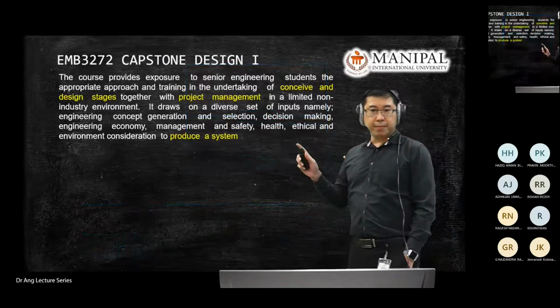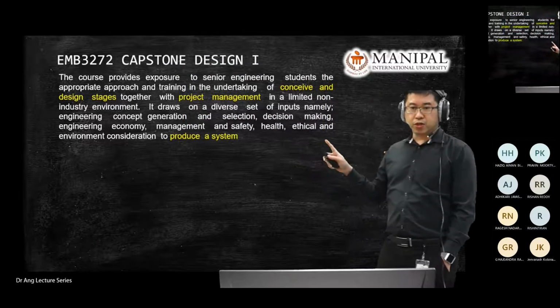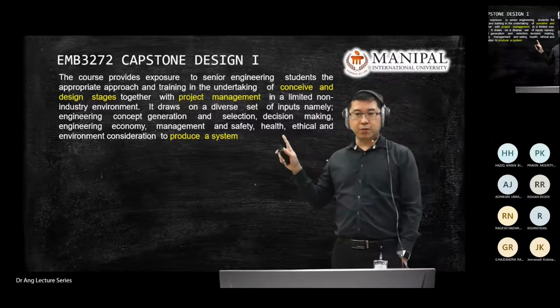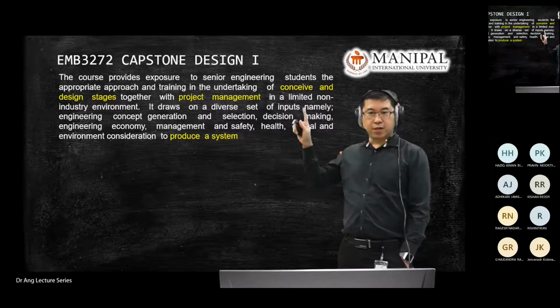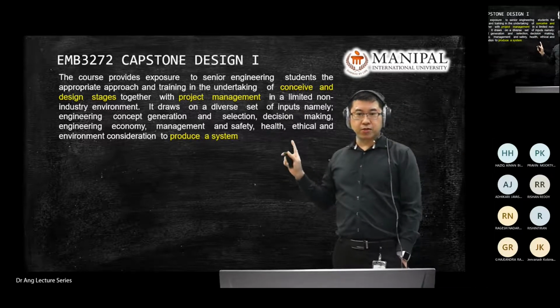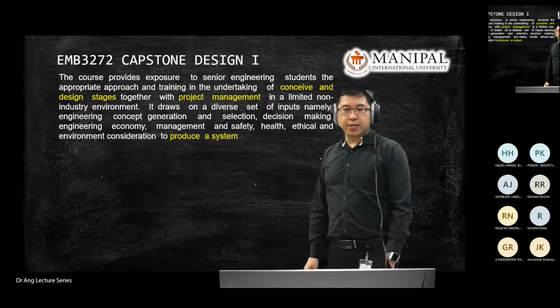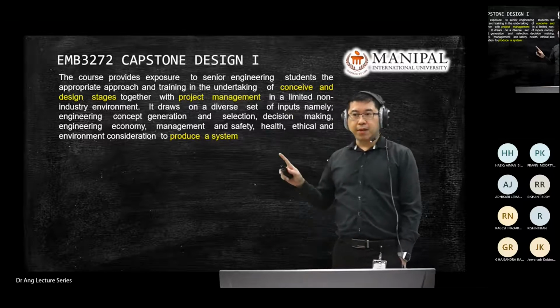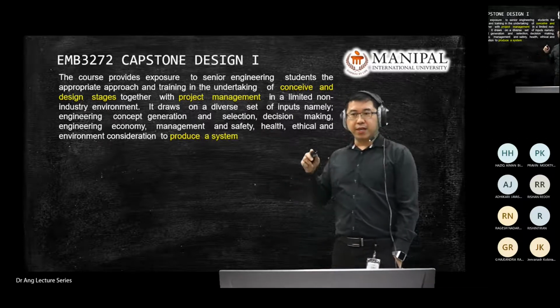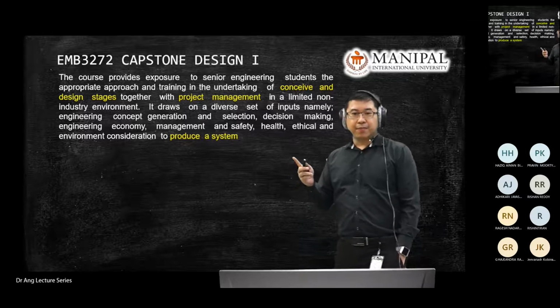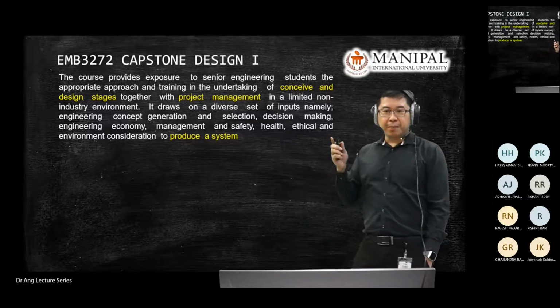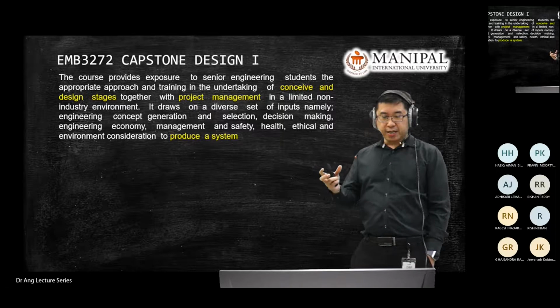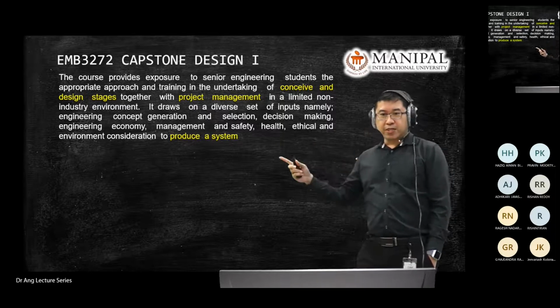All right, let me give you a short introduction about this Capstone Design 1. So the detail you can read on the screen here. Basically, Capstone Design 1 is to come up with an idea, with a design, so that you can fabricate that idea in Capstone Design 2.